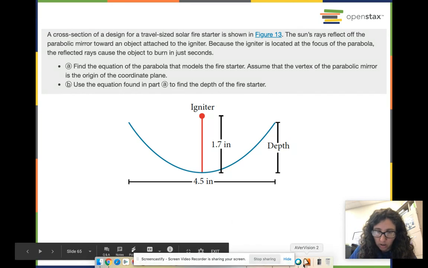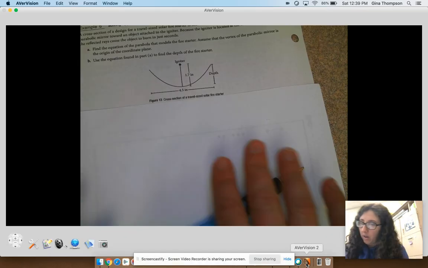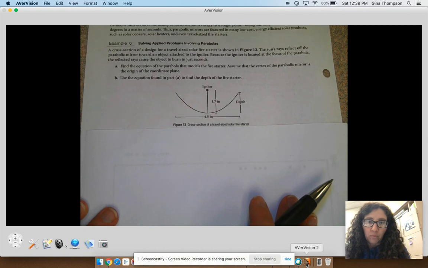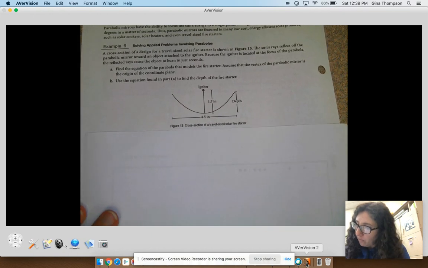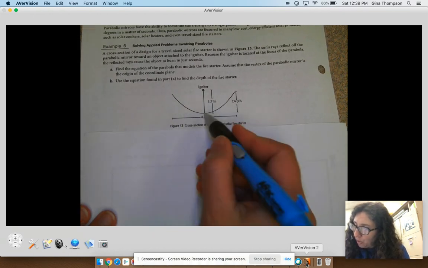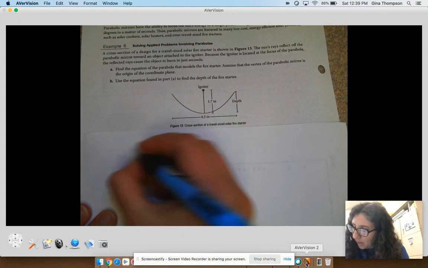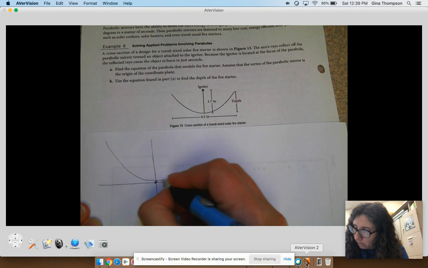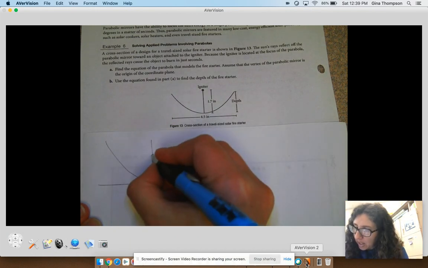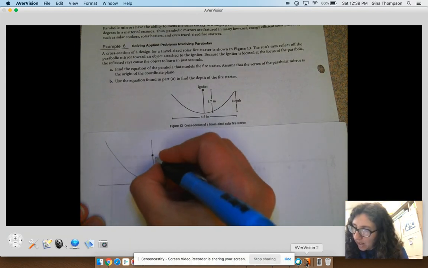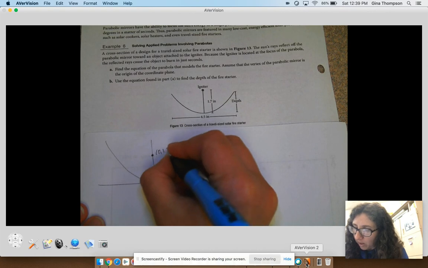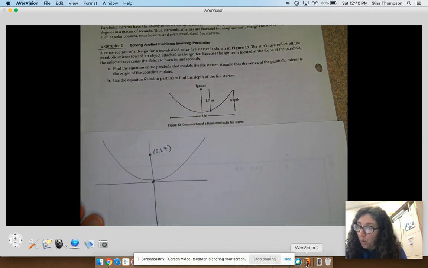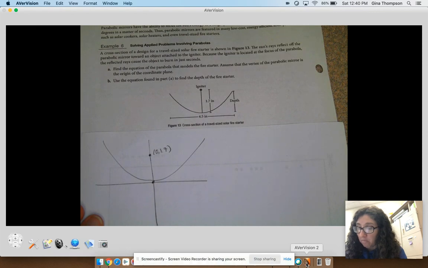Let's go back over here. This is the same diagram. This is our vertex, so our vertex is at the origin. And we know that the focus is at 0, 1.7. P is 1.7. So find the equation that models the fire starter.